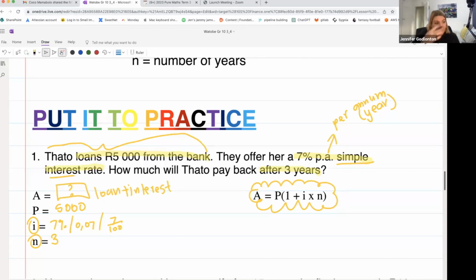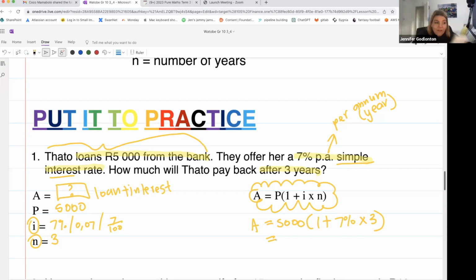Okay, once we've done our little grocery list on the side, we can just pop it straight into our formula. So we can say A is equal to 5,000 times (1 plus 7% times 3). And I want every single human being in this call to get their calculators, please, and to put this in their calculator, because I want to make sure you all know how to do this.